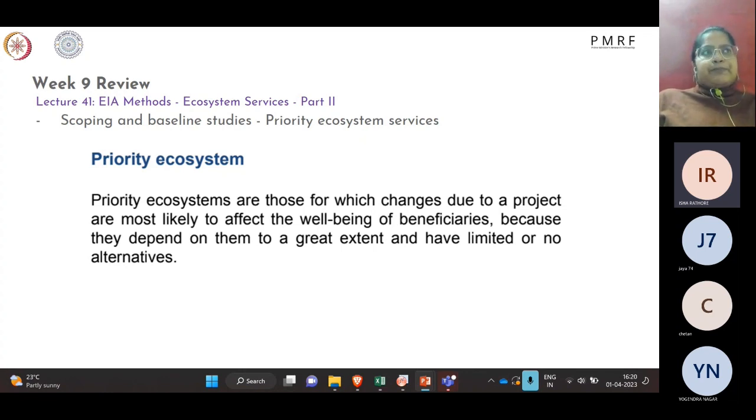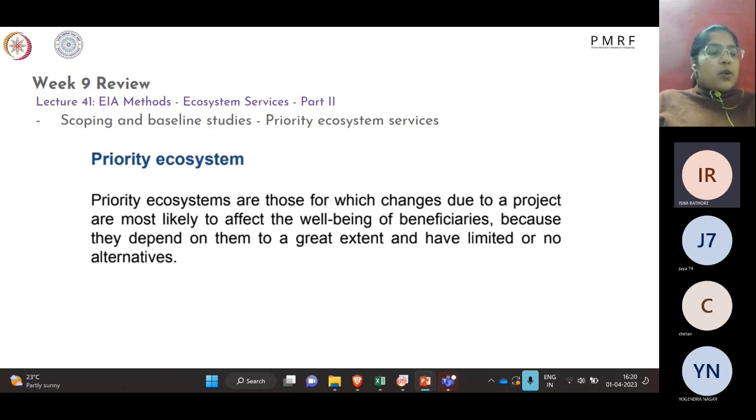If the community around it is primarily getting their income from agriculture, and the conversion of the agricultural arable land to road development or infrastructure land affects them directly and to the greatest extent, which is that their livelihood is threatened, then this is a priority ecosystem service which is getting disrupted.